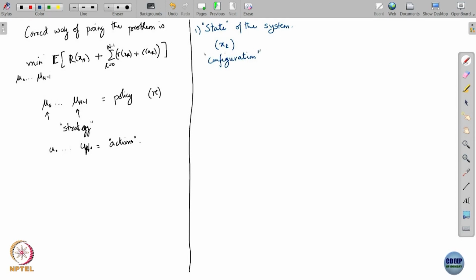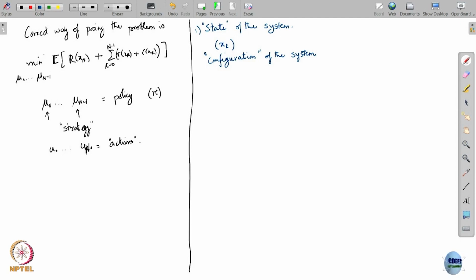It is some description that we have of the configuration of the system that we are dealing with. In the example we saw, the system we were dealing with was the inventory in a shop. So, it was enough for us to keep track of simply the amount of inventory present at the beginning of the time period.